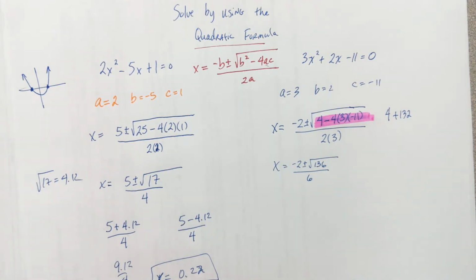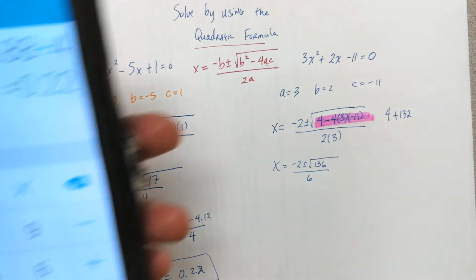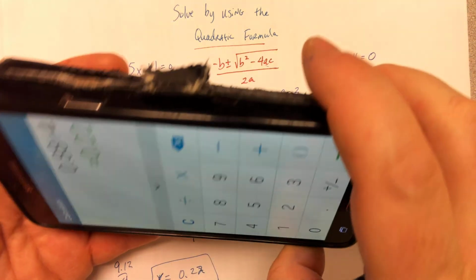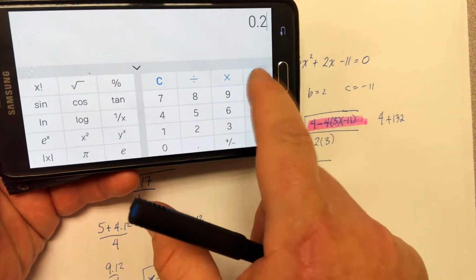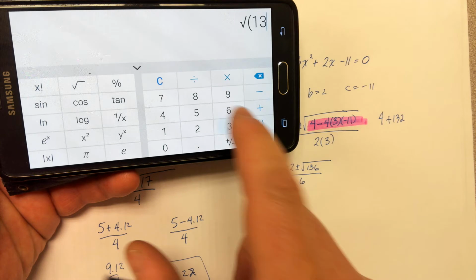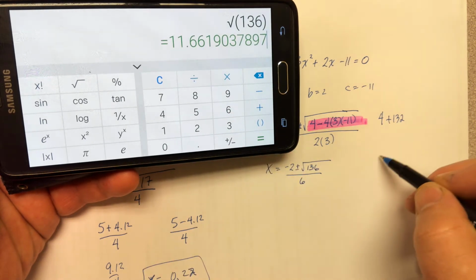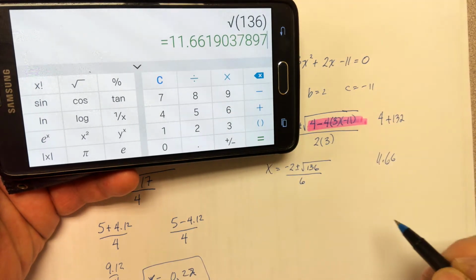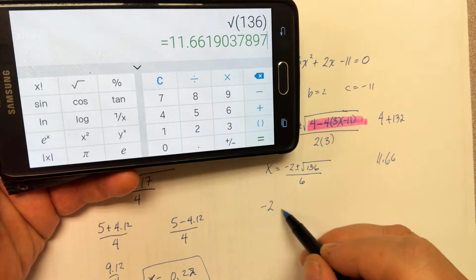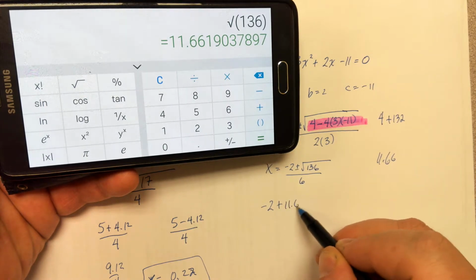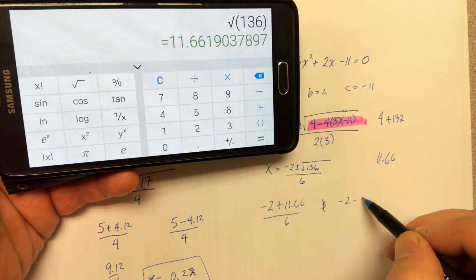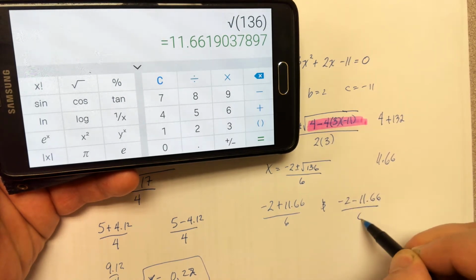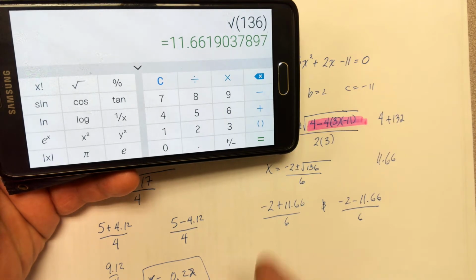Okay. Let's get my handy dandy calculator. Turn it sideways. So square root of 136 equals 11.66. So what I got: negative 2 plus 11.66 divided by 6, and then minus.